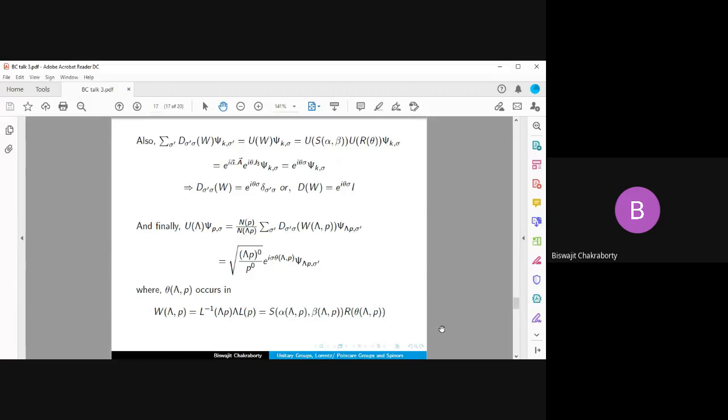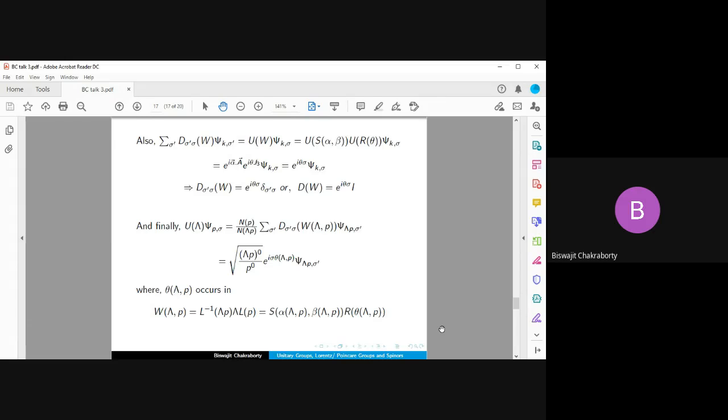Now you can see that if you apply the D matrix on psi k sigma prime, which is nothing but U(W) of psi k sigma prime, W now factorizes within U also, because of group homomorphism, into U of S alpha beta times U of R theta. But R theta is nothing but e to the power i theta J3. Psi k sigma being an eigenstate, it will pick up the eigenvalue sigma, and being a number it will come out.